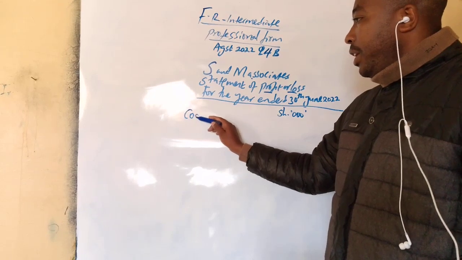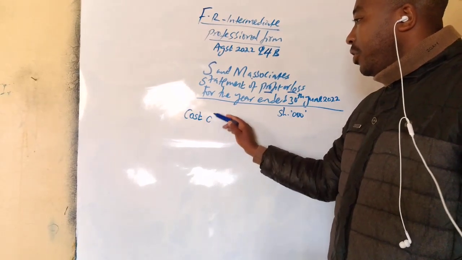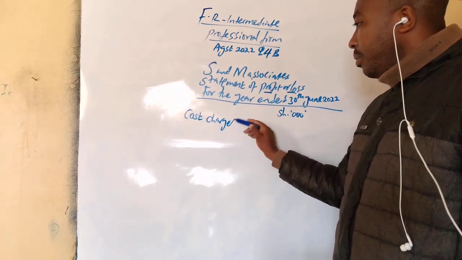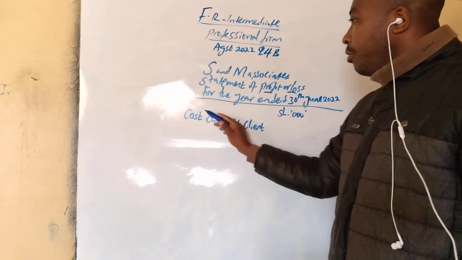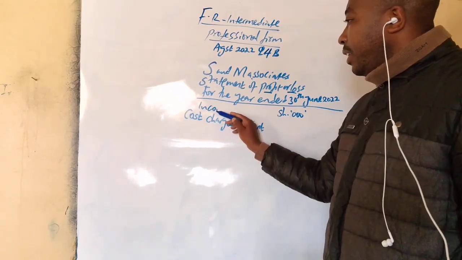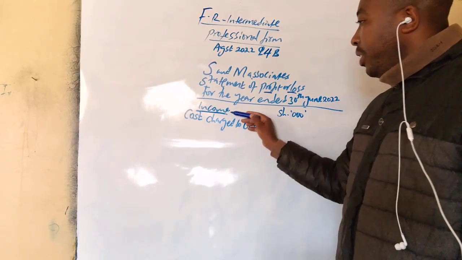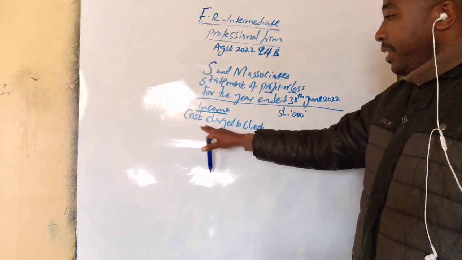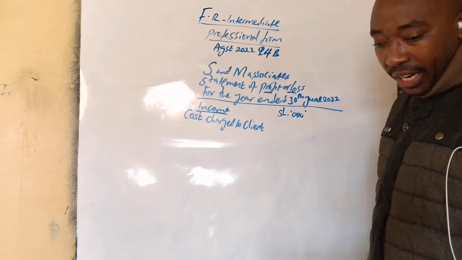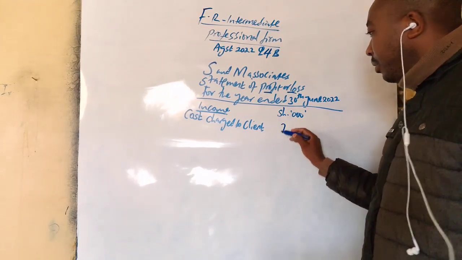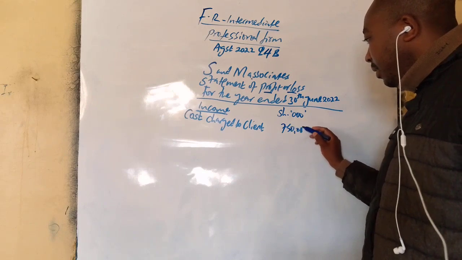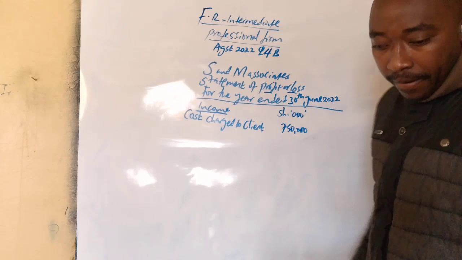So here I come and say cost charged to client. Of course, up here you just write income. We start with income. One of the main income is cost charged to client, and it is 750,000 in terms of thousand.